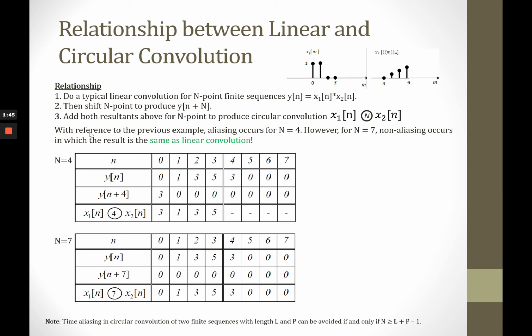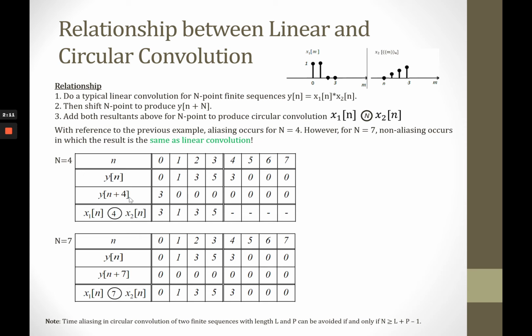And then the third one, we add both results, y[n] with y[n+4]. So we add this one to produce the circular convolution of x1[n] with x2[n]. This is the symbol for circular convolution. In this one, N is equal to 4. So this is how we write x1[n] circularly convolved for N equal to 4 with x2[n].